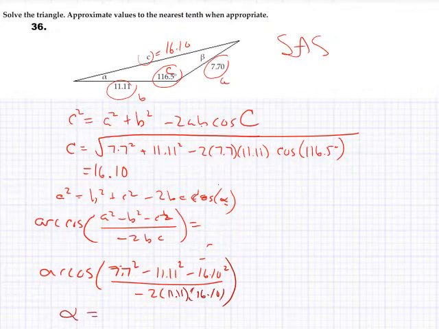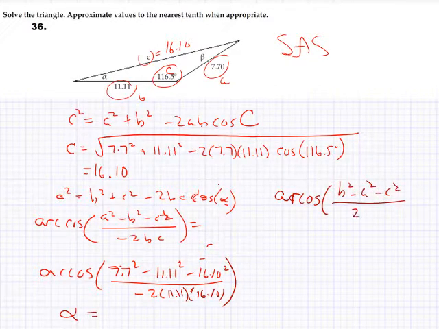And we would do the same thing with beta. We would use the B squared formula, which ultimately, if we solve for beta, we would get the arc cosine of B squared minus A squared minus C squared over negative 2AC to be the answer for our beta.